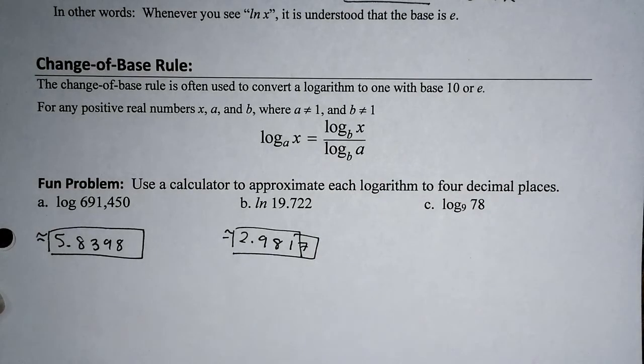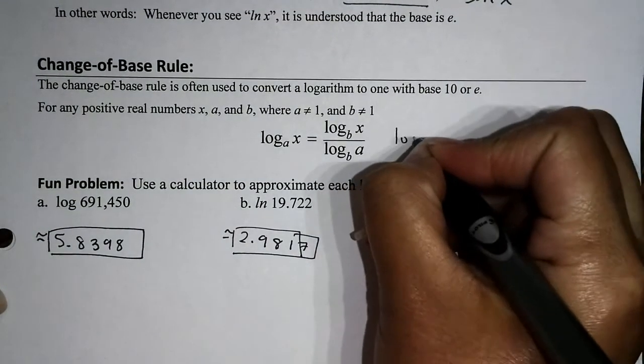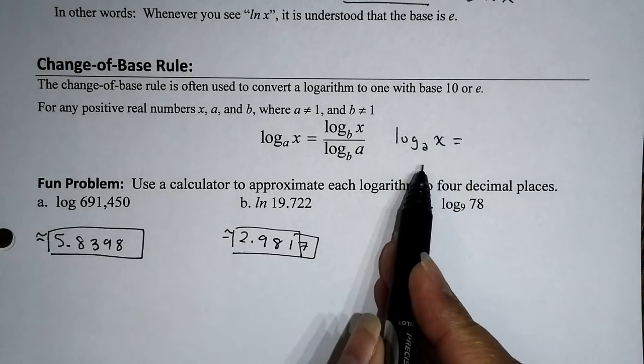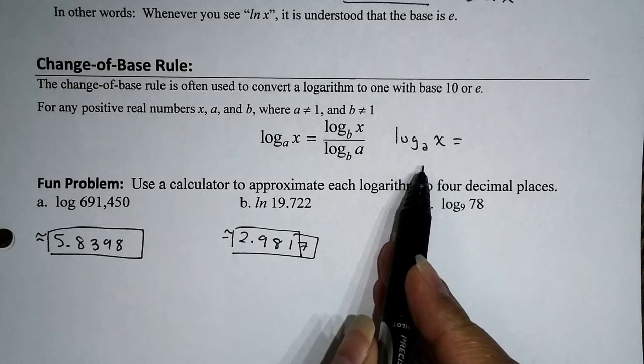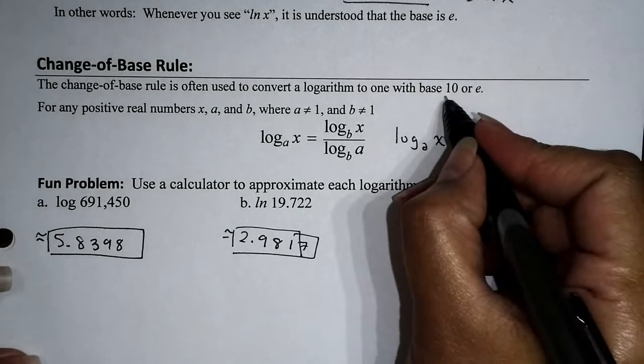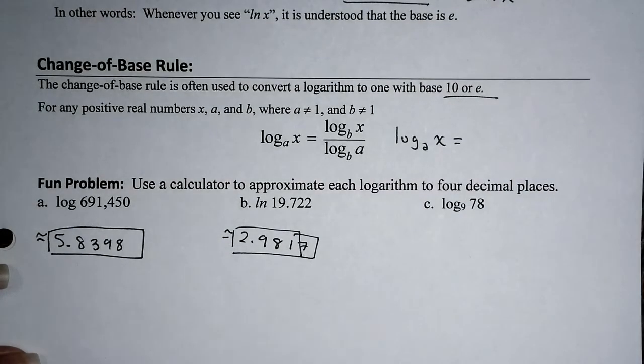Okay, so let me go ahead and write this over. So we have logarithm base a of x. We don't know what a is, so it's just whatever the problem is, but let's say that our calculator doesn't have a base a key. So we need to change it from base a to base whatever our calculator has, which is base 10 or base e.